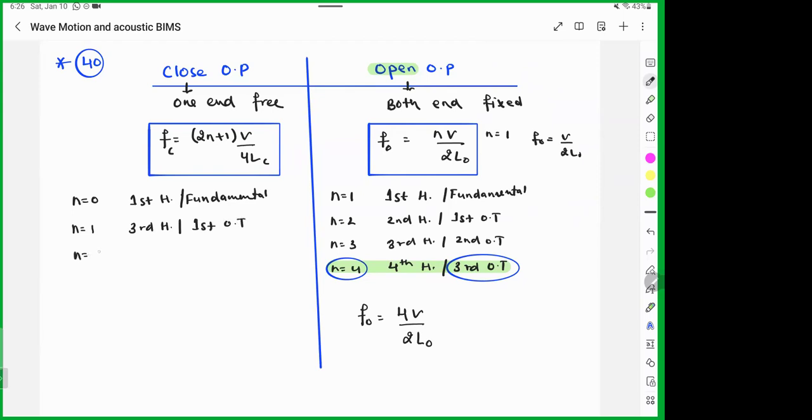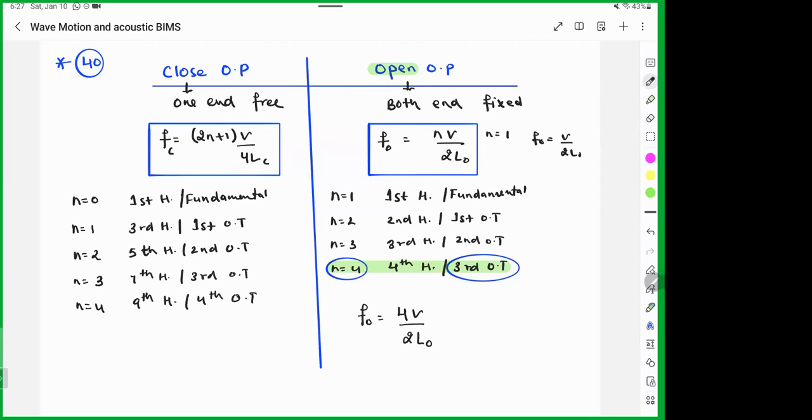If n value is 2, it will be called the fifth harmonic and second overtone. If n value is 3, then it will be the seventh harmonic and third overtone. If n value is 4, the ninth harmonic and fourth overtone.